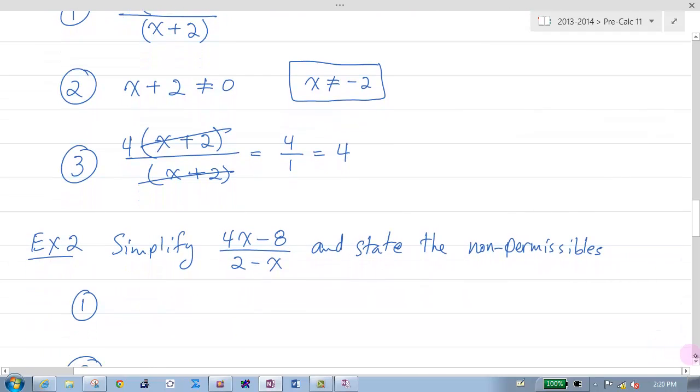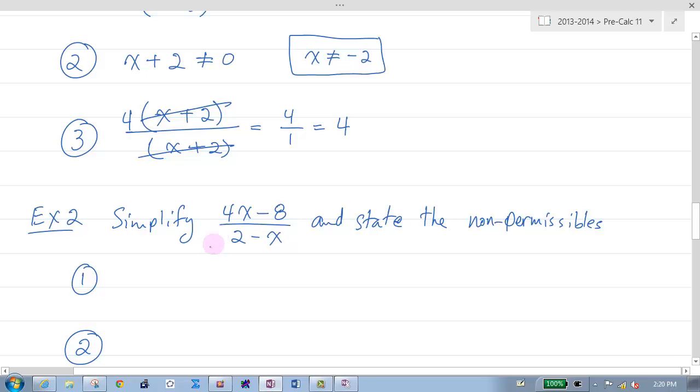Okay? You're going to do something slightly different with this one. Okay, we want to simplify this. I'm going to do the same steps. I take the common factor out of the top. So 4 is the GCF of the top. I take it out and I have x minus 2 left over. Then I have 2 minus x at the bottom.